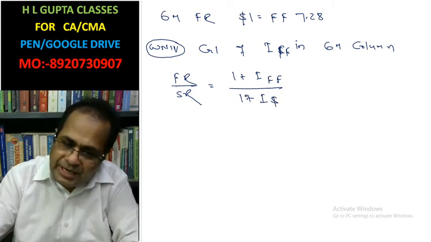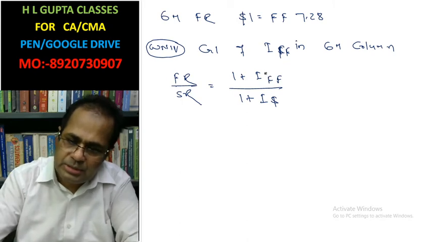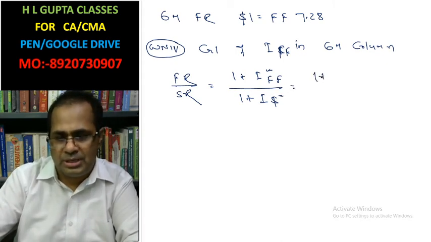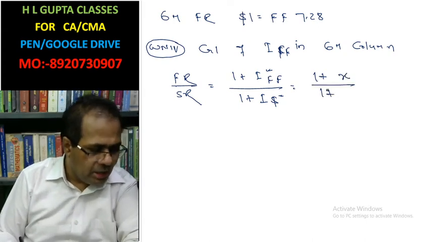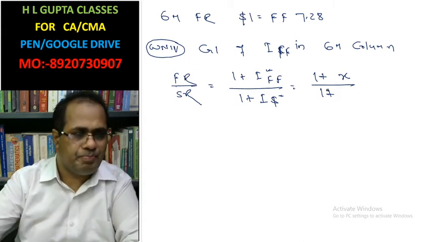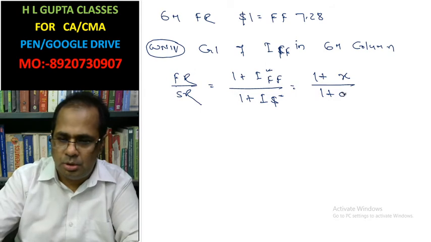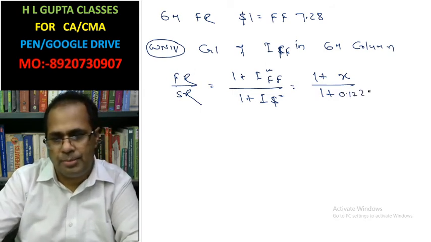Because it is the number of units, you have to write the interest rate of that currency. So 1 plus interest rate of French franc you have to find, and 1 plus interest rate of dollar is already given, that interest rate is 0.1225.